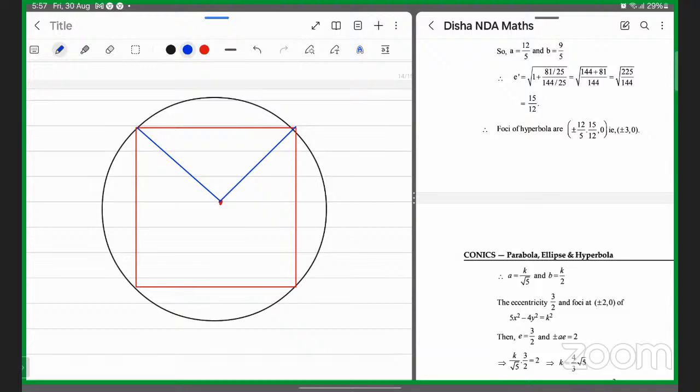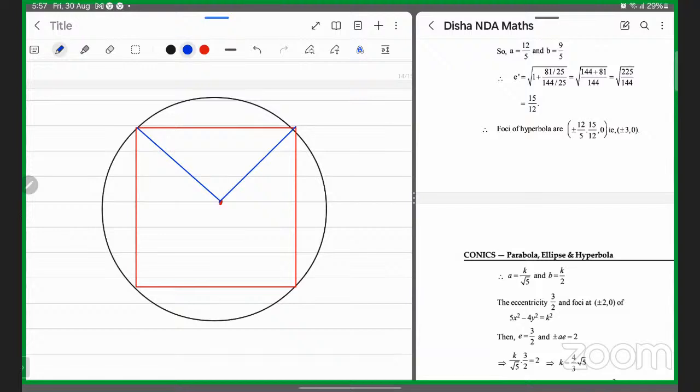I will tell you that the rectangle whose area will be maximum is called a square in the circle. You know this concept already. You know the proof already. So this is a square. I've taken maximum area.